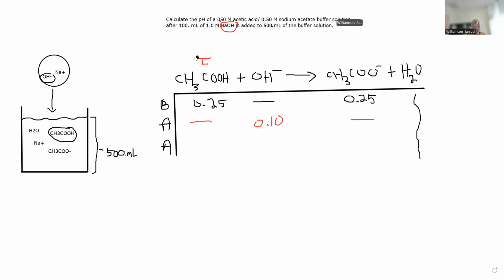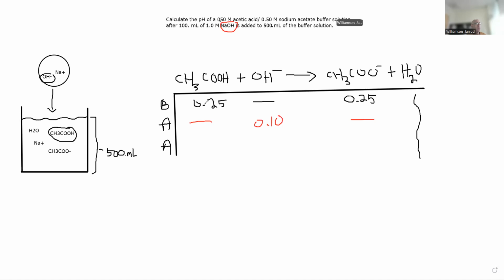Now what happens? What do I have afterwards? This is what you have to remember. See this arrow? This arrow means the reaction goes this way, right? Well, what happens is this consumes that. This gets used up by that.